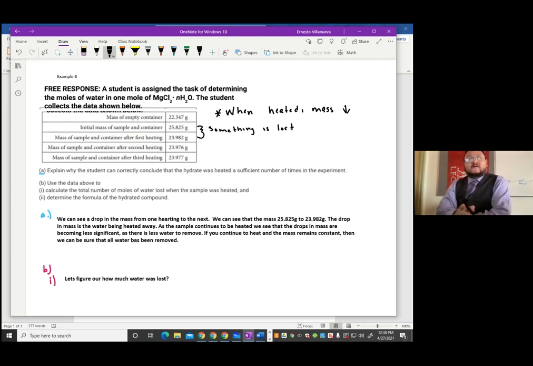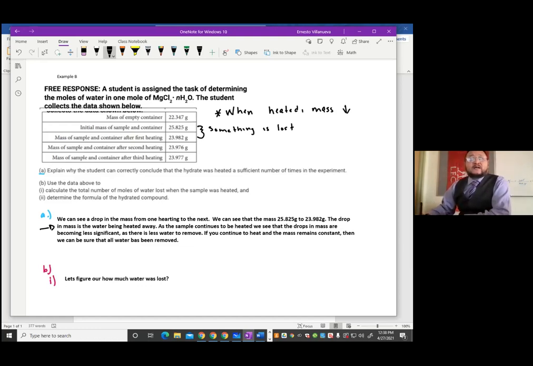So what we see from drop to drop is that the mass that's being heated away is actually the water, right? As we keep heating it up, we see that the drops in mass become less and less significant.